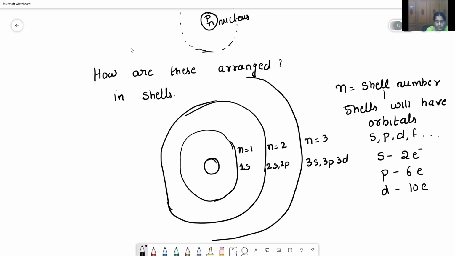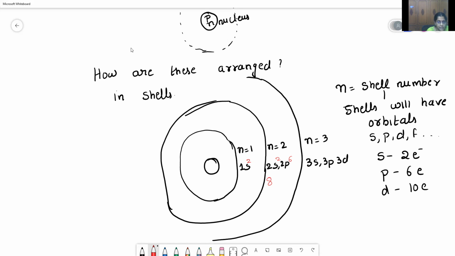So the first shell has only one s orbital, so it can accommodate 2 electrons. The second shell has 2s and 2p; s can accommodate a maximum of 2 and p can accommodate 6, so the second shell can accommodate a total of 8 electrons.